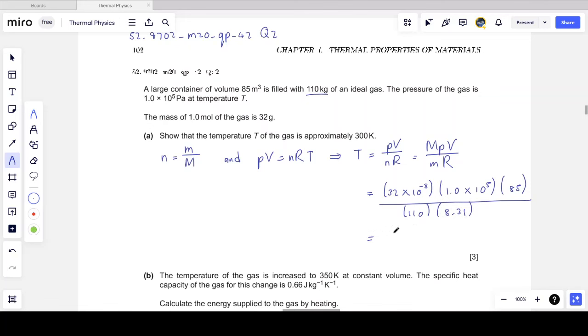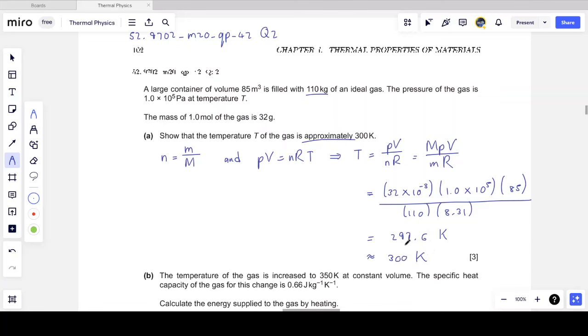If I put this into a calculator, I get 297.6 Kelvin. The question did say, show that the temperature is approximately 300, and that's good enough for me. That's approximately 300 Kelvin, as we were asked.